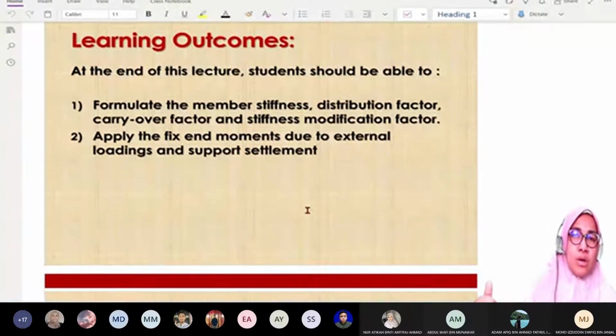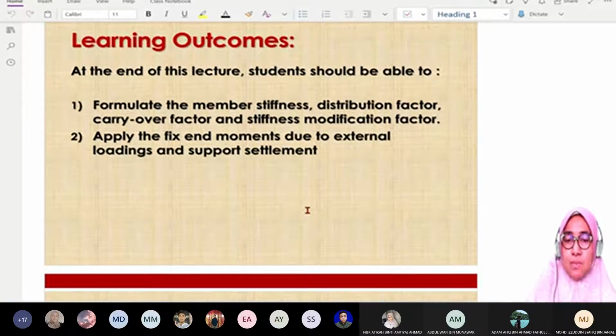In order to do that, you of course should understand member stiffness. What is member stiffness? What is distribution factor? How are we going to calculate distribution factor from member stiffness, and what is carryover factor, as well as stiffness modification factor. And then we will apply fixed end moment.